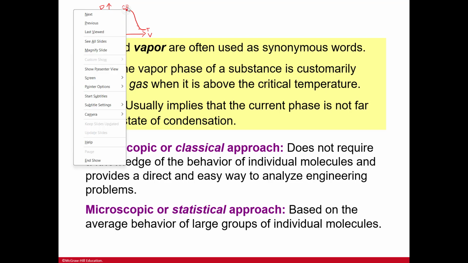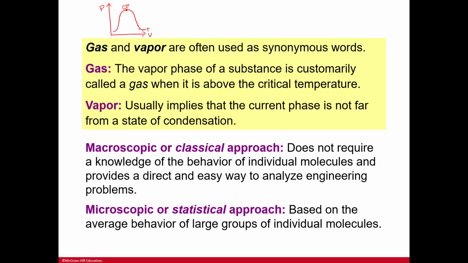So this critical point is going to be the critical temperature. When you have a fluid, like water, starting out over here, and we're applying more pressure and it's heating up, this is going to be a liquid all the way on this line.